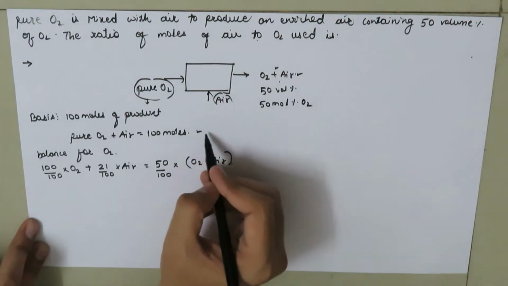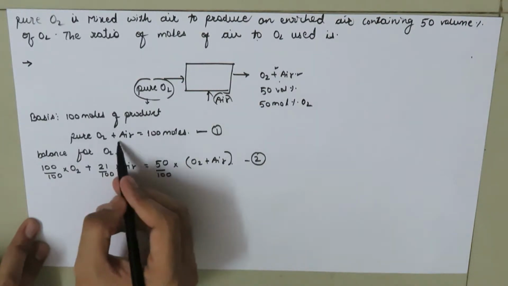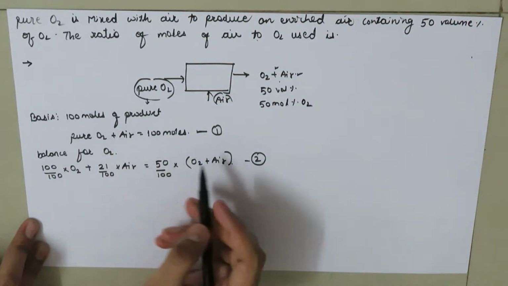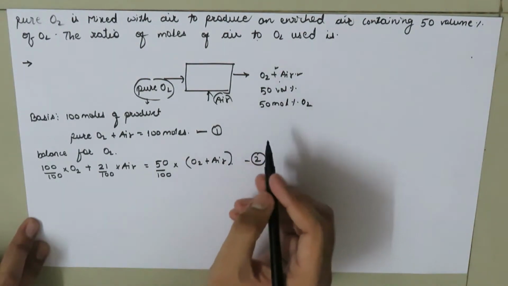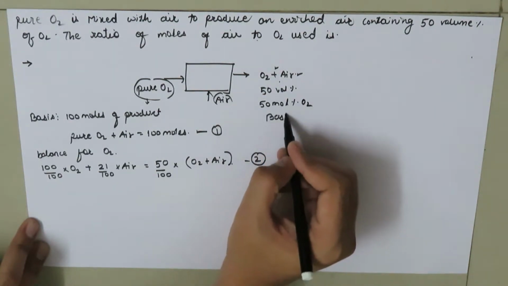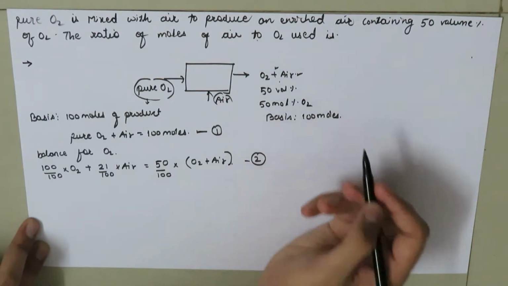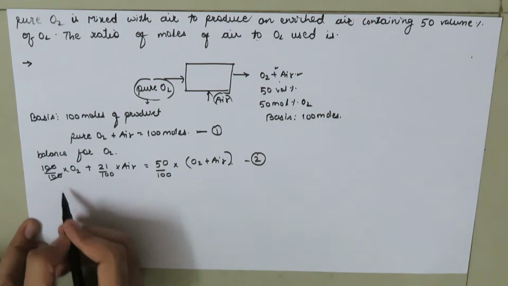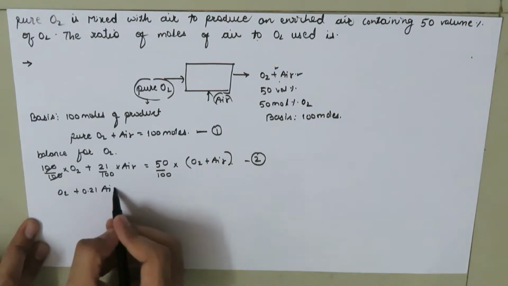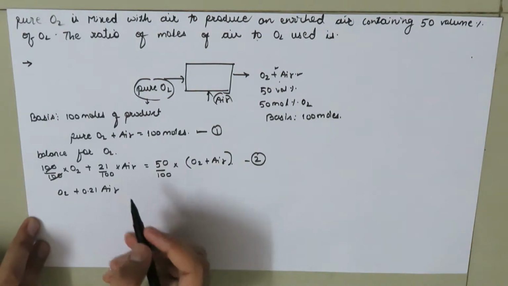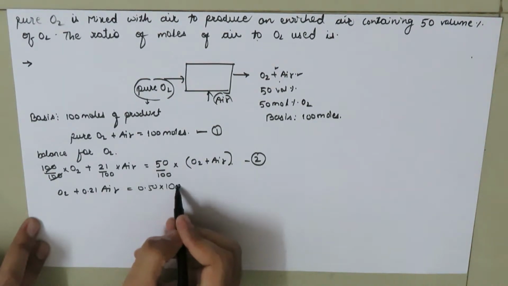Now let's call this equation number 1, and let's call this equation number 2. From this equation we know that O2 plus air is 100 moles, as we have taken the basis as 100 moles. So here we have oxygen plus 0.21 times air, which is equal to 0.50 times 100.